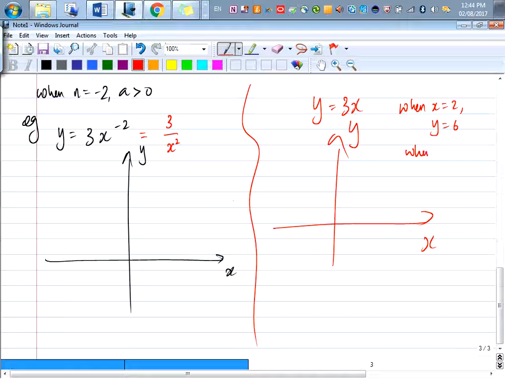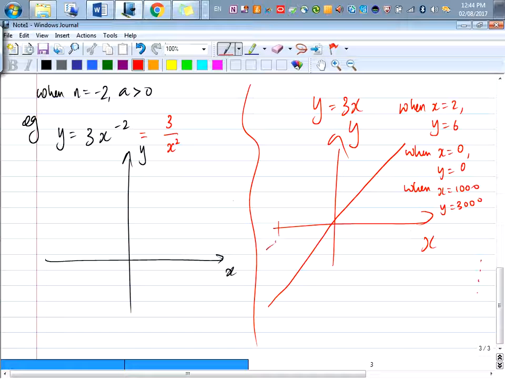When x equals 0, y equals 0. When x equals 1000, y equals 3000, and so on and so forth, right? You see that every single value of x, I will have a corresponding value of y. That is shown by my graph.